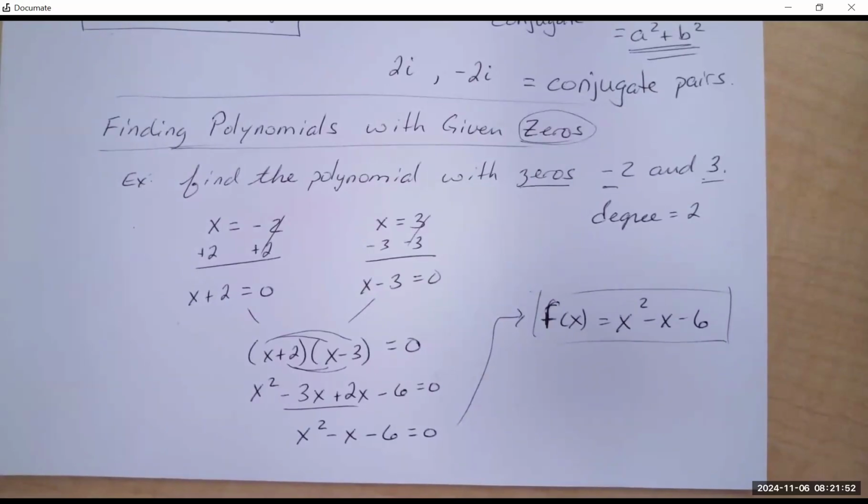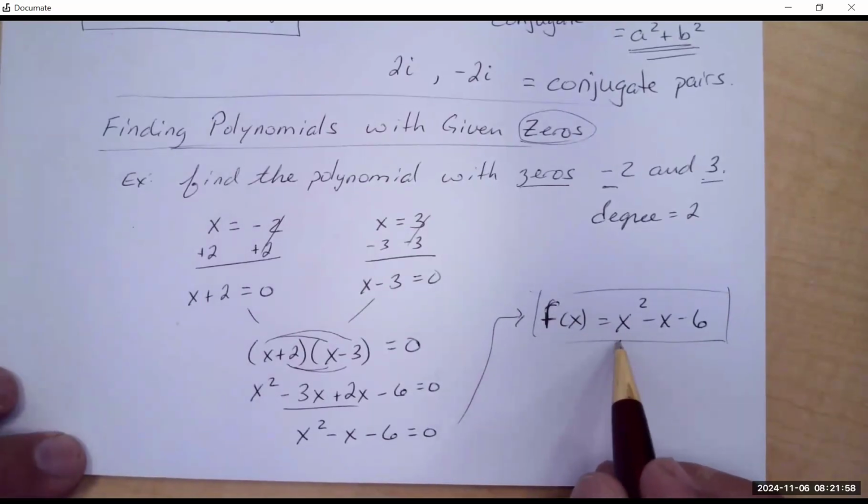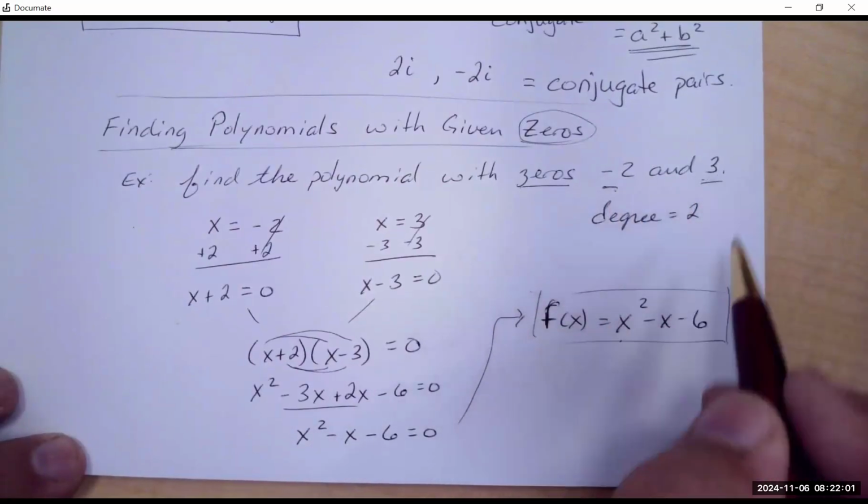Okay, how do we know that that's the true polynomial? How do we know that this polynomial has -2 and 3 as zeros?